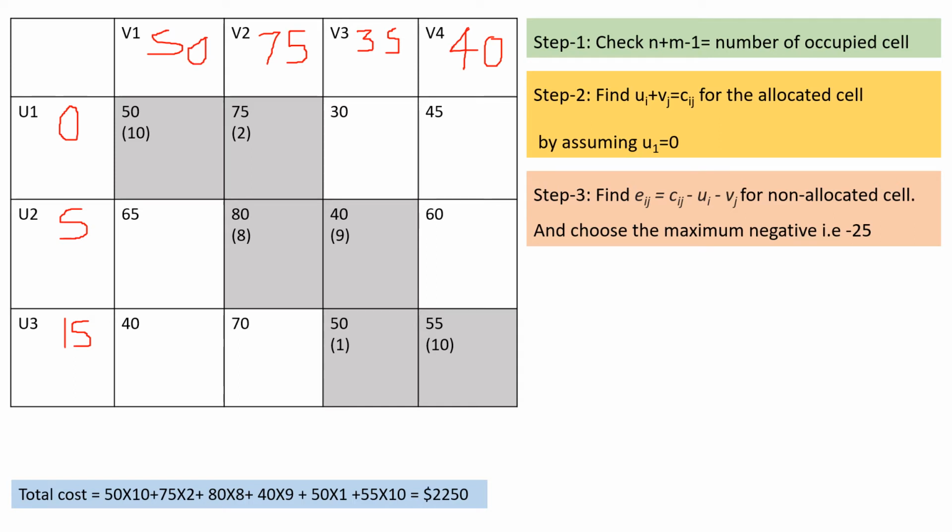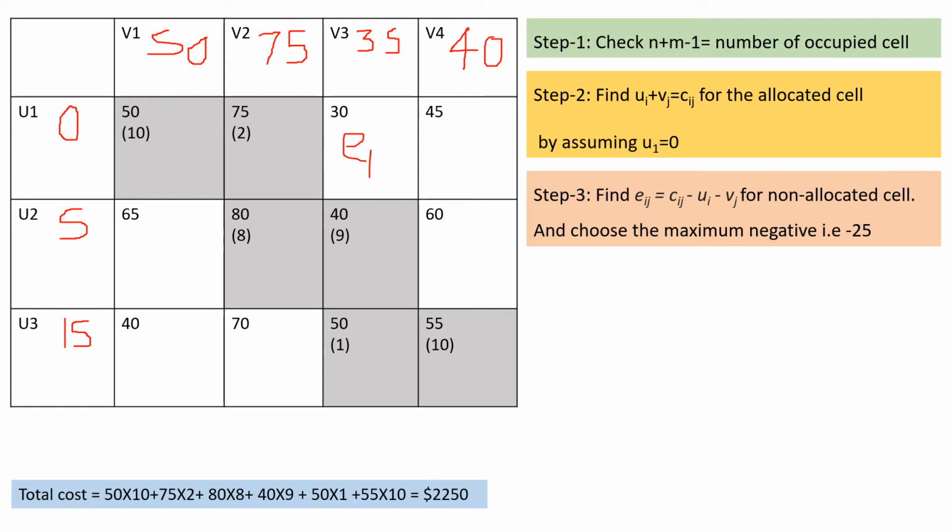Eij equals Cij minus Ui minus Vj, as we already know. This one is non-allocated, so this one is E13.